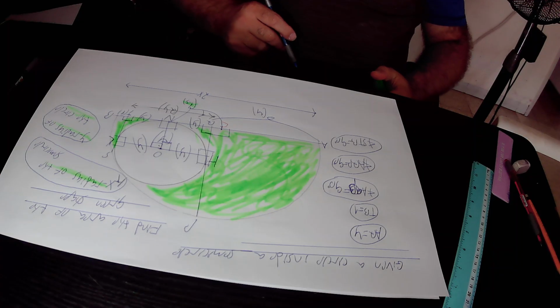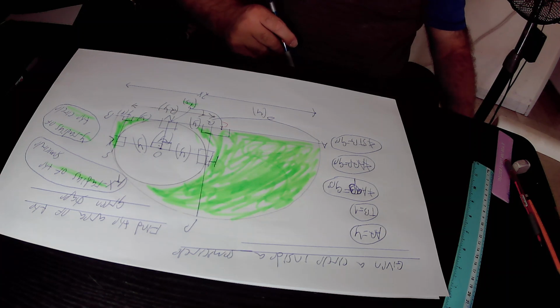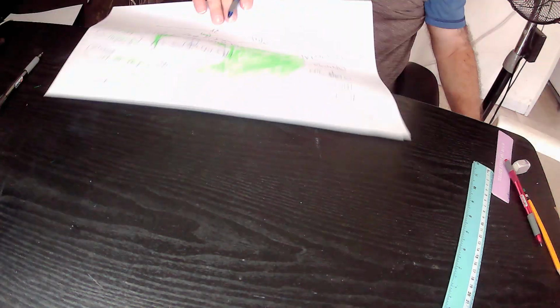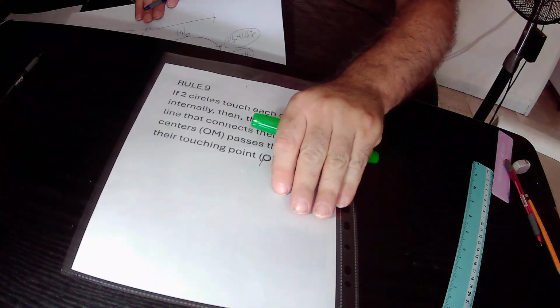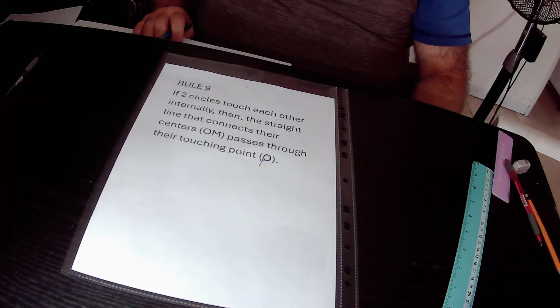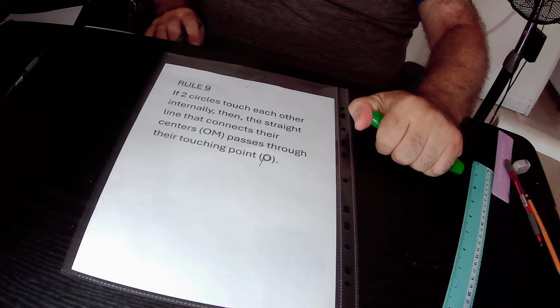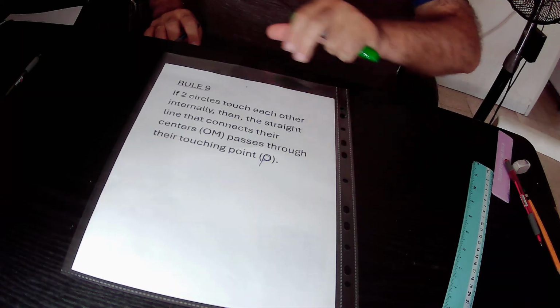Whenever we have an internal notch between two circles or semicircles, we can implement rule 9. So I repeat quickly rule 9. According to rule 9, if two circles touch each other internally, then the straight line that connects their centers together passes through their touching point.